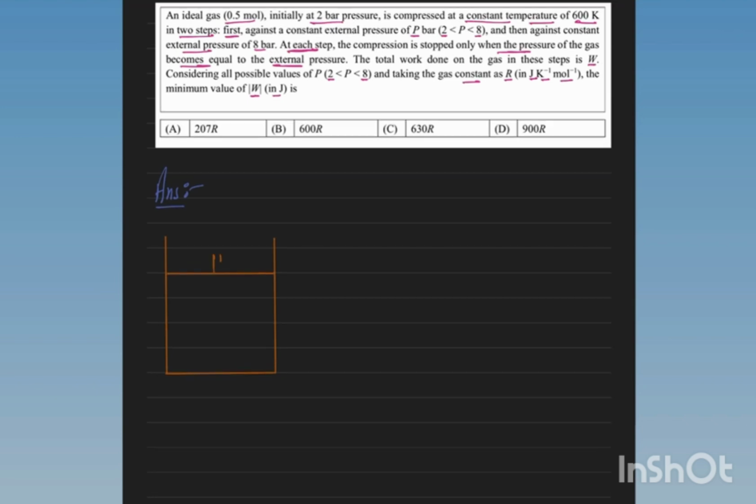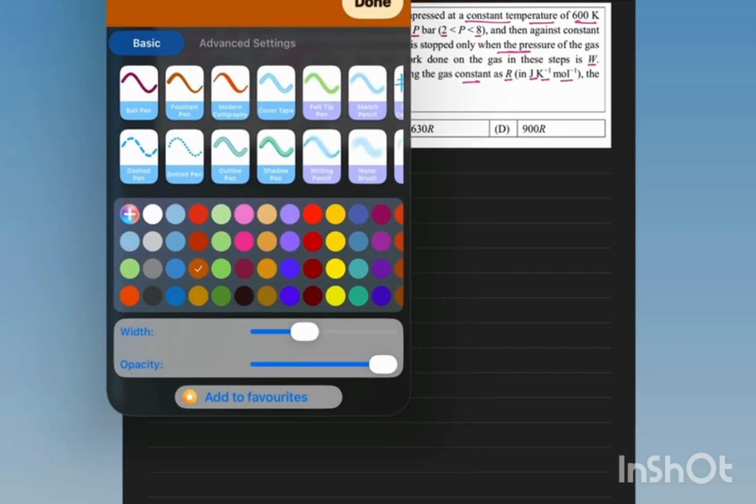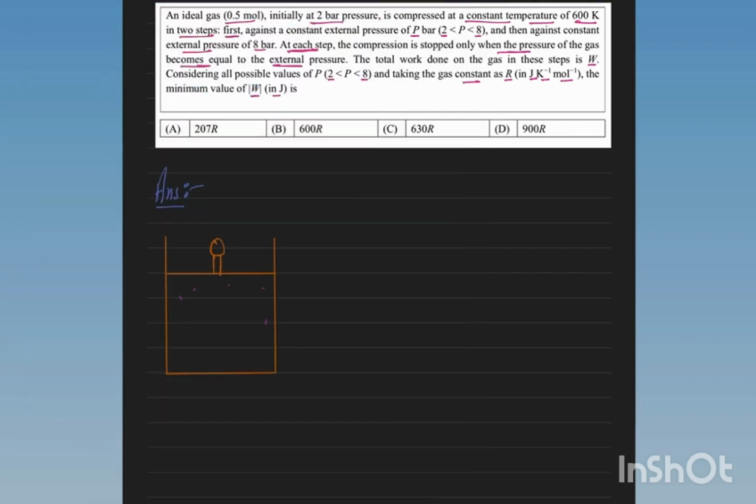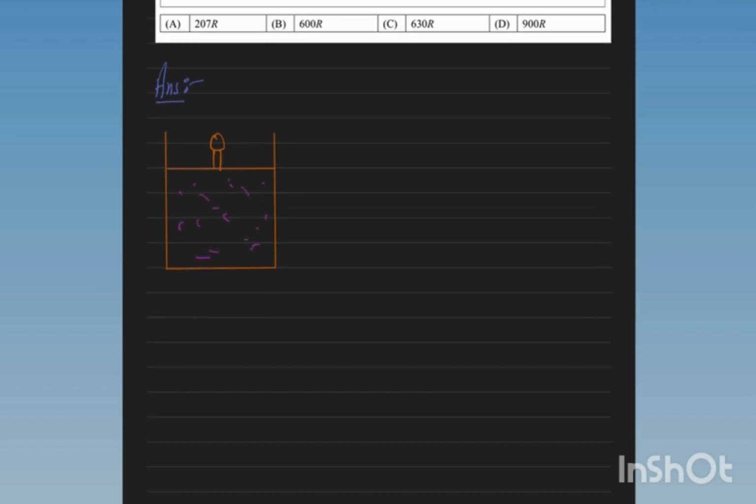In this container we have a piston like this, and this piston has a gas in it, which is 0.5 mole, and it has 2 bar pressure.